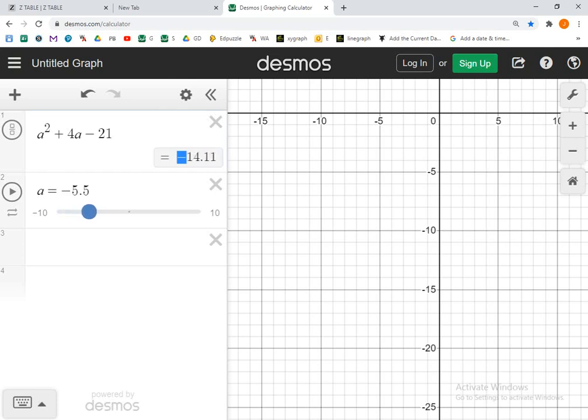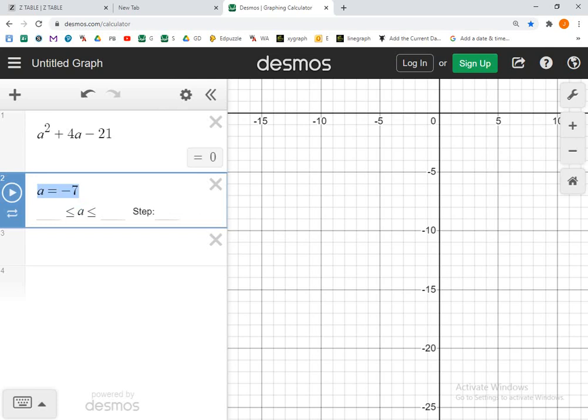But everywhere else they're not 0. Now let's think about what these mean. I know I'm using A, but that's an x value for my equation. So an x value of negative 7, and then this is a y value of 0.